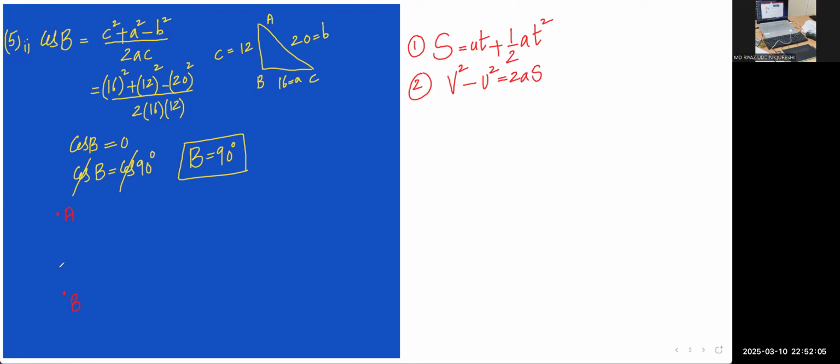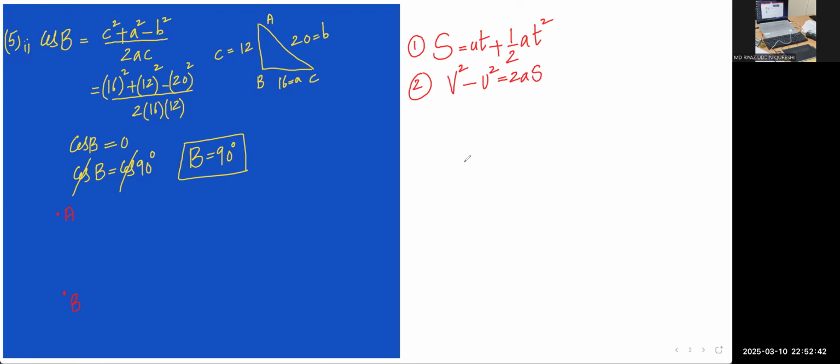Car A moves with constant acceleration, 1.5 meters per second squared, and car B moves with constant acceleration of 2 meters per second squared. You have to find out the distance that car B travels before it overtakes car A.